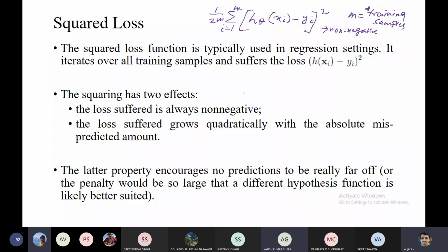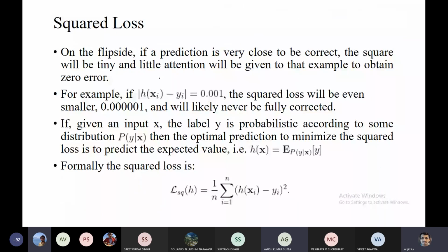Now, flip side, if the prediction is very close to correct, the square will be tiny and little attention will be given to the example to obtain zero error. The squared loss will be even smaller. If this particular loss, generally called delta L, is equal to 0.00001, then its square is very tiny.